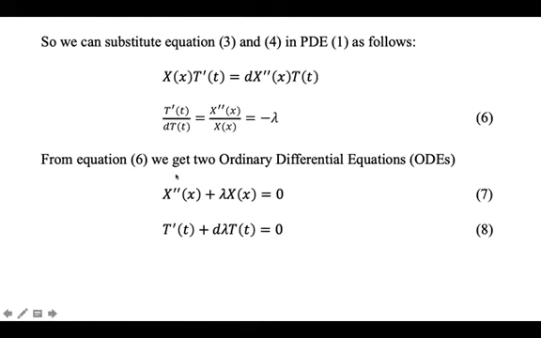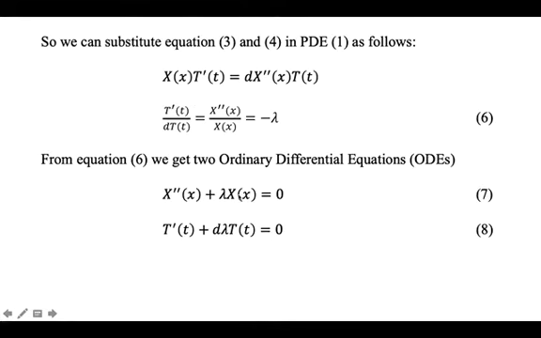From equation 6 we get two ordinary differential equations. How do we get them? We cross multiply X of x with this and bring it to the left hand side, so we get this equation that we call equation 7, and also we cross multiply D T with this and place it on the left hand side and we get this.